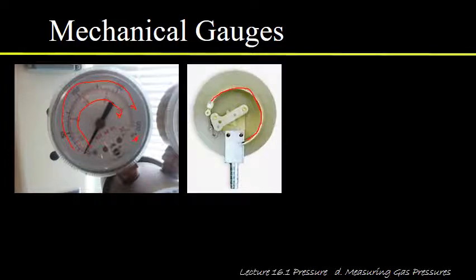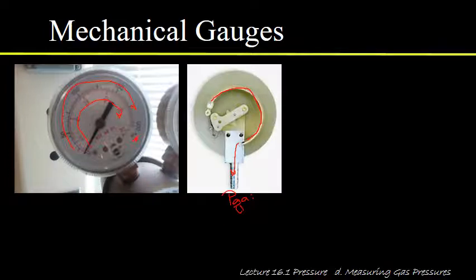And this hollow tube is connected down here to the gas supply. And what happens is when you open the valve and connect the gauge to the gas, some of the gas fills up this tube. And it's kind of got a curved shape to it.